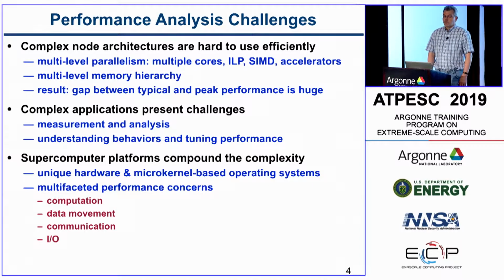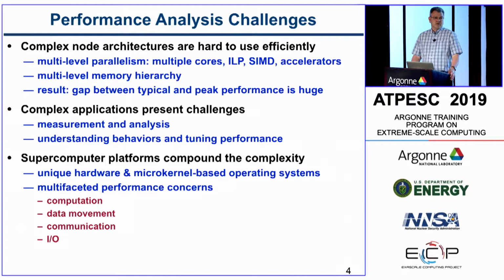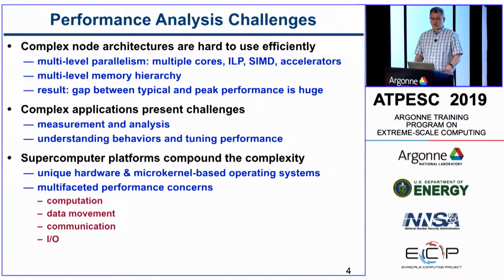For performance analysis, there are a number of challenges. These complex node architectures are hard to use efficiently because we've got multiple cores, we've got instruction-level parallelism, we've got single instruction, multiple data, vector parallelism, we have accelerators. There's a multi-level memory hierarchy, which means that your CPU is running a lot faster than your memory, and there's multiple levels of cache that are designed to buffer the distance between main memory and the CPU.